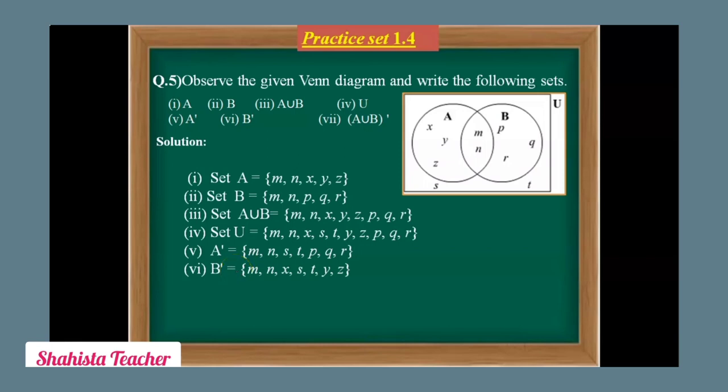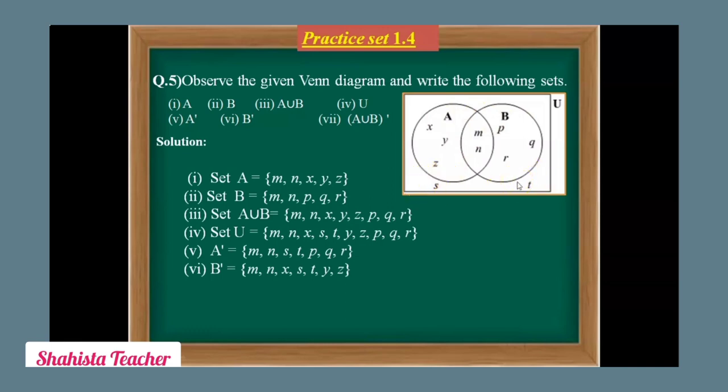After this, we will find here subquestion 7, that is A union B complement. So A union B complement, which is not present in A and which is not present in B. Which element is not present in both these two sets? So yes, you are right, S and T are not present.